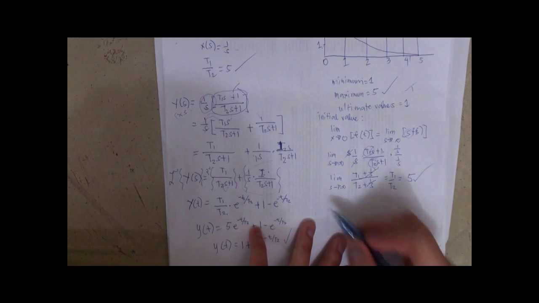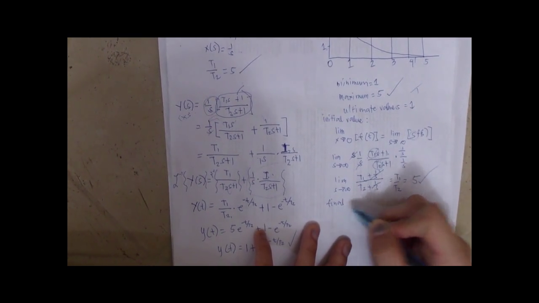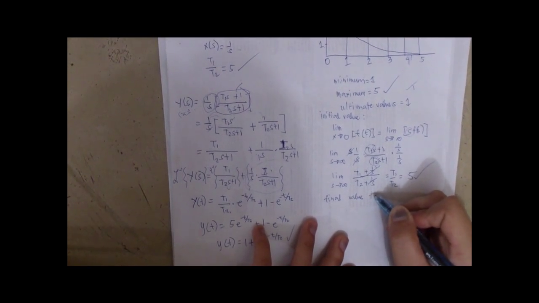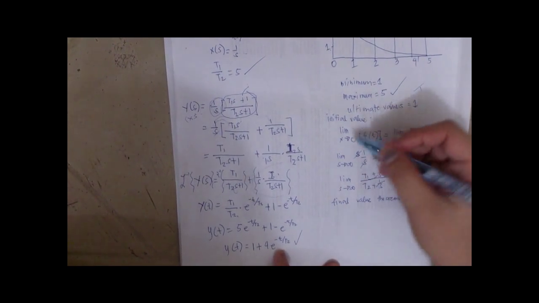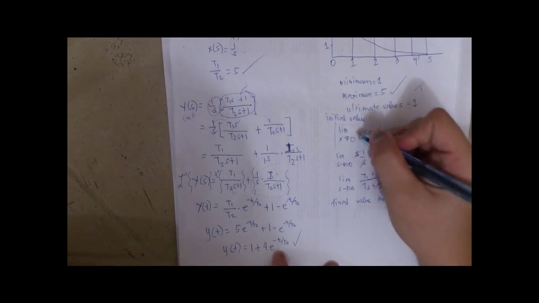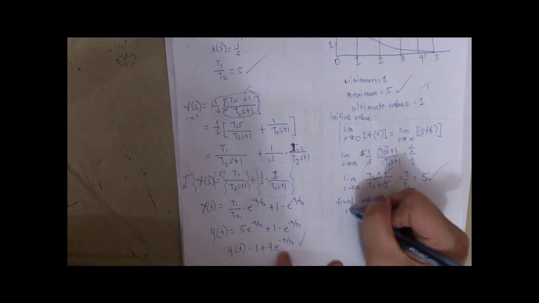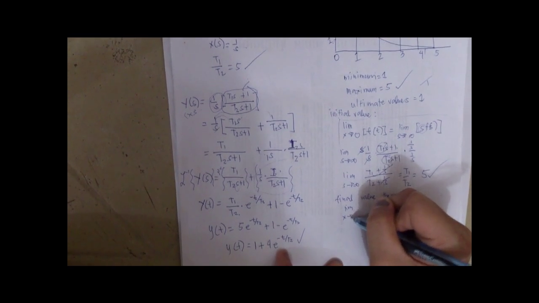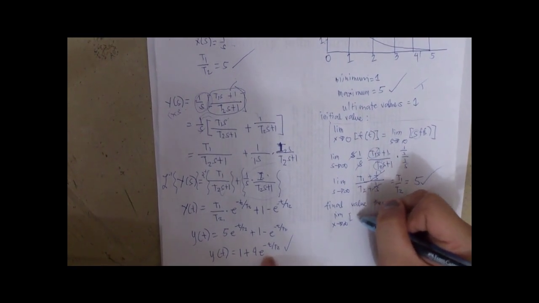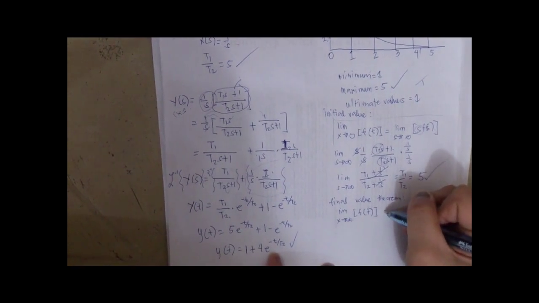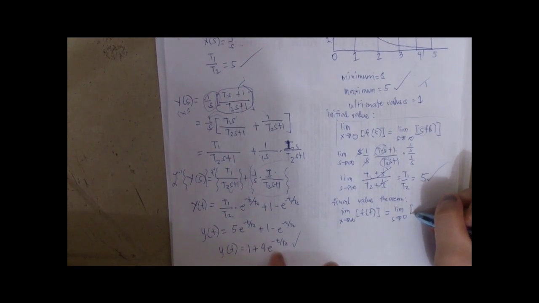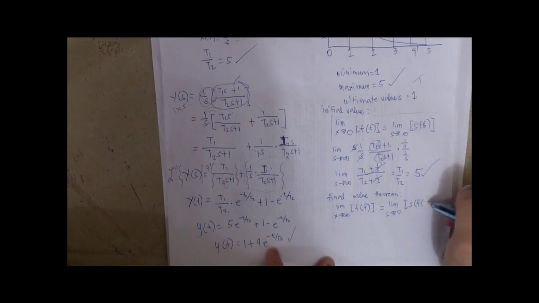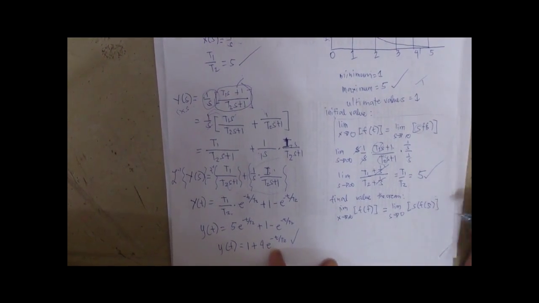And sunod is the final value theorem. Pariho ra siya. Ang nakalainan lang is pariho ra siya form, galing lang kay ang nakabutang diri is infinity. So inani siya. f of infinity equals limit s approaches 0 s f of s.